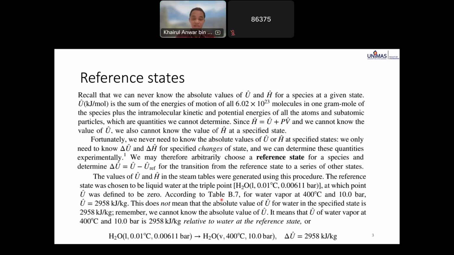So according to table B7, water vapor at 400 degrees C, 10 bar. Okay, 10 bar, 400 degrees C is on the next page, 651. 10 bar, the temperature is above.